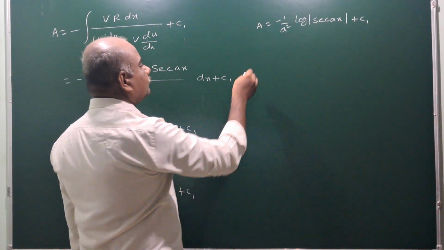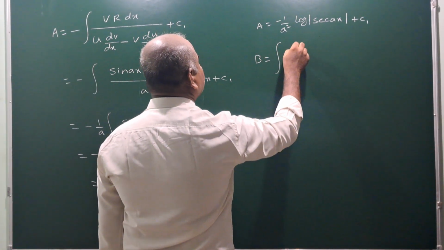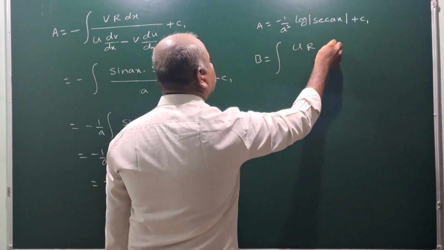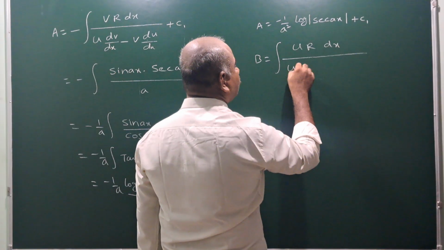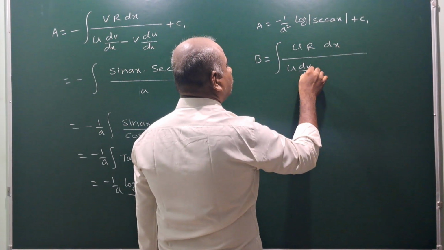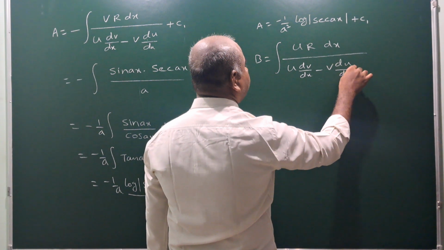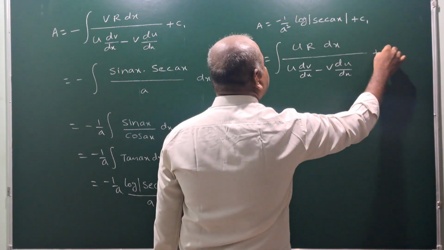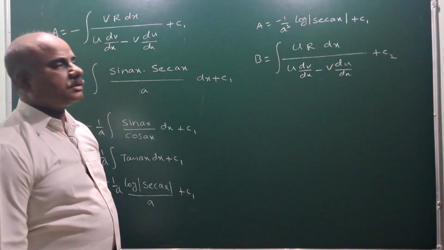Next, B = ∫ u r dx / (u dv/dx − v du/dx) + c2, where c2 is the integration constant.